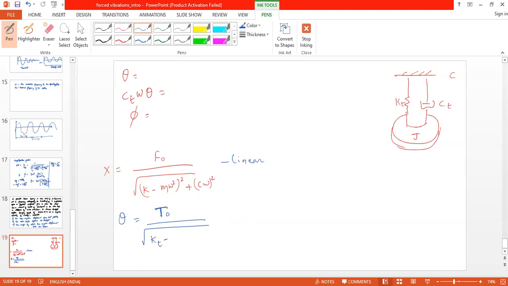In place of K, I'll write KT, minus in place of M, I'll write J omega square, whole square, plus in place of C, I can write CT omega, whole square.